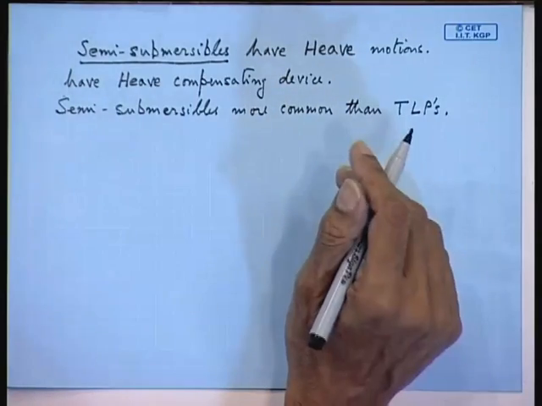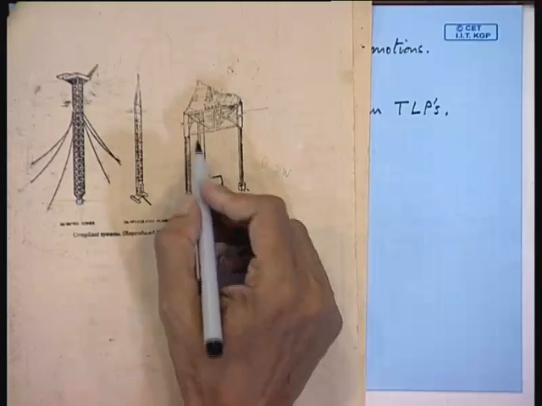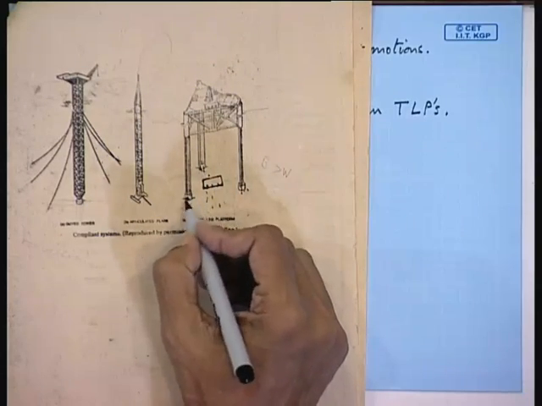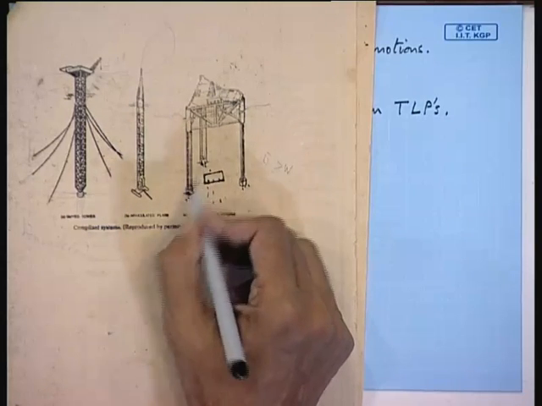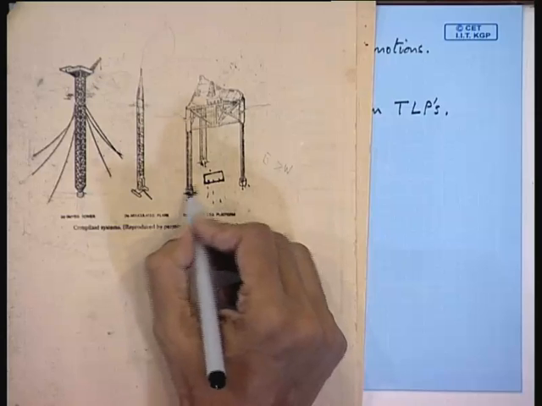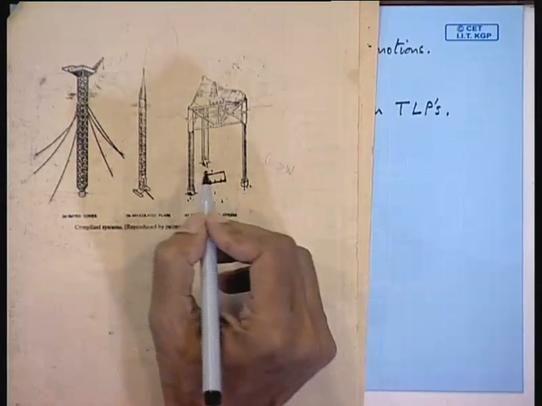Now, TLP problem will come because of these tethers. Now, tethers have to be anchored. So, normally these are gravity anchors. So, you will find there to be the anchoring of these tethers is a big problem, and also you have to unhook these tethers from your base when there is a storm.